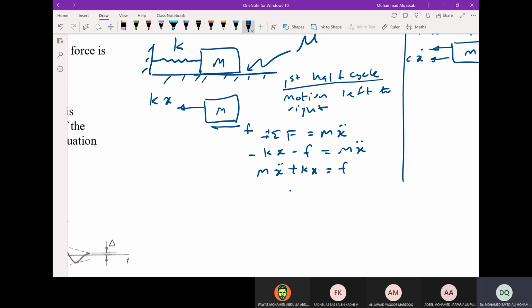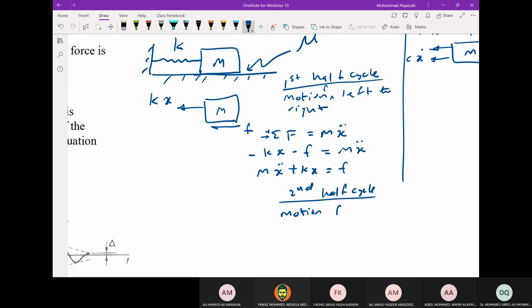Okay, this is the first half cycle. In the second half cycle, when the mass is moving from right to left, the free body diagram becomes: kx will be the same, because the free body diagram is drawn when the mass is in the positive direction.